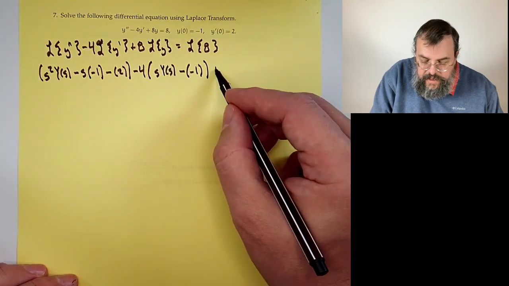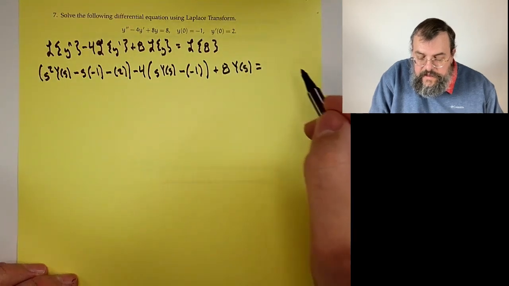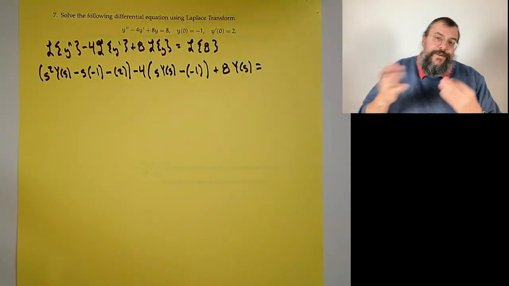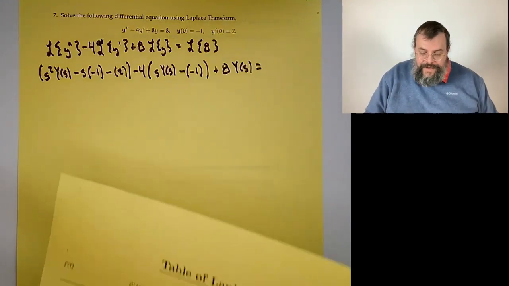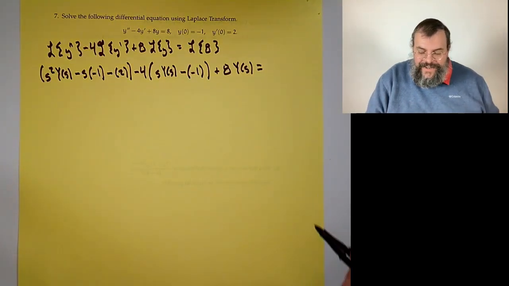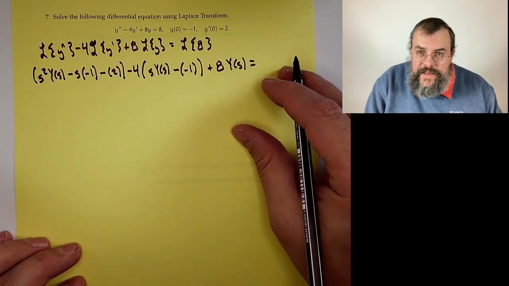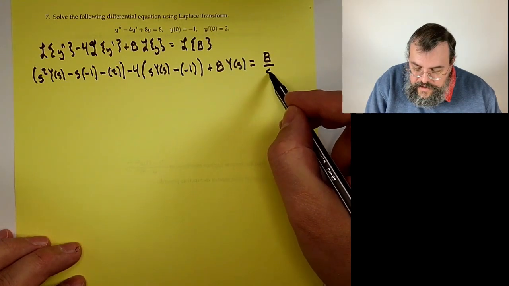And plus 8, well, that's just what we're after, y of s. And the Laplace transform of 8, well, it's really the Laplace transform of 1, which is, no surprise, the very first thing on our table. It's 1 over s, times 8. So that's equal to 8 over s.